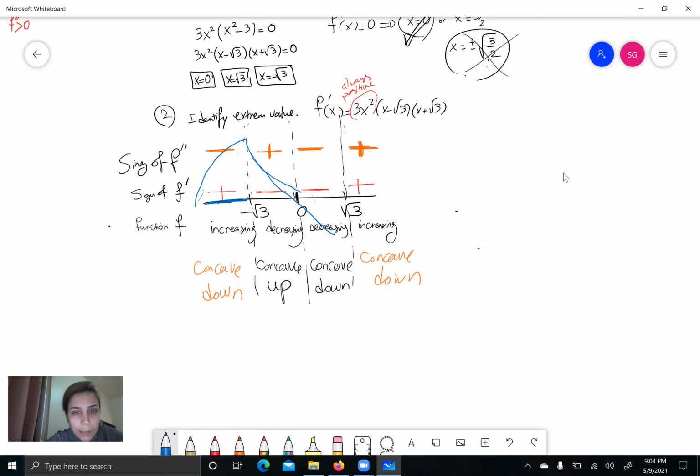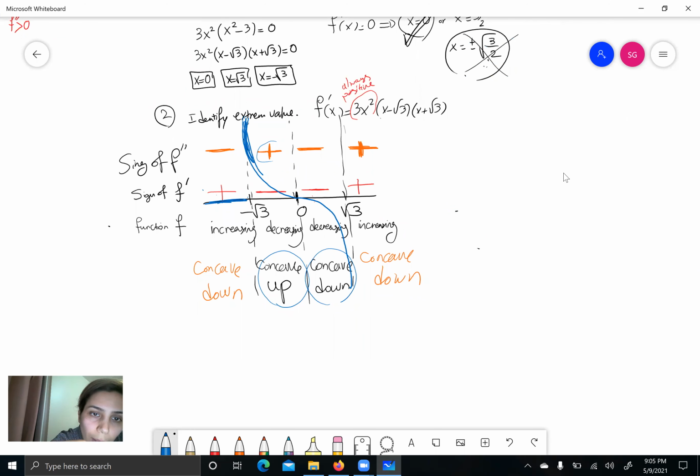Wait. I think I made a mistake. It's concave down. Yes. So it's like this. Look. So maybe I do it this way. I know the function is concave up, concave down, and it's decreasing. So I need to draw something that is decreasing, but over here is concave up, and then it's concave down, okay?